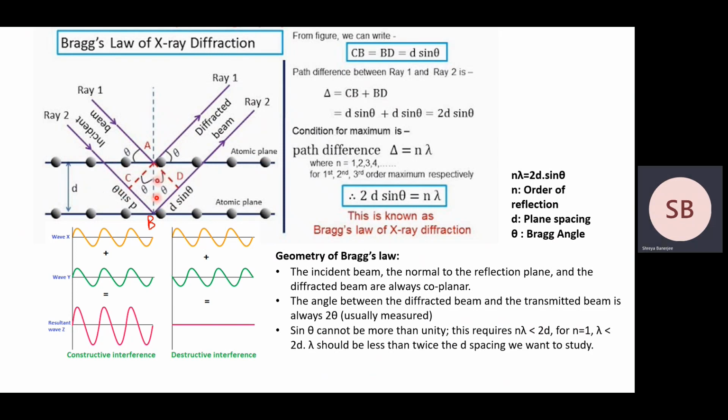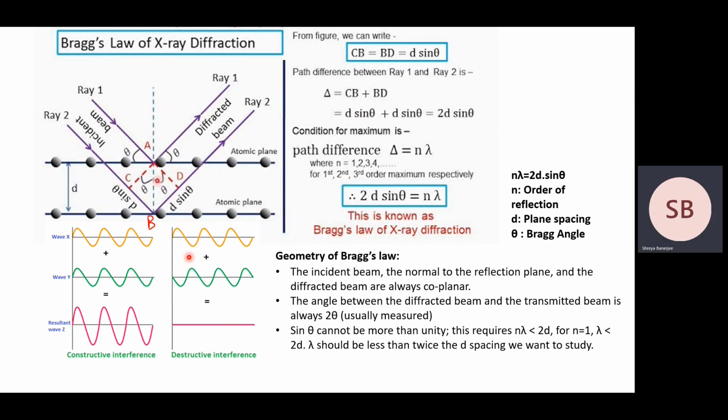And if we consider the interplane distance to be small d, then d sine theta is the BC length, and it is also the BD length. So basically the difference in path between ray 1 and ray 2 is 2d sine theta.